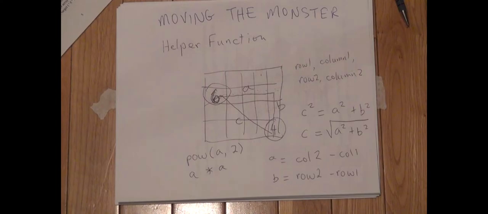In computer science, we can use a POW function, power of a raised to the power of 2. That would work. But a really simple way is just a times a. If you needed to know how big a squared is, it's always a times a, and that's really easy to write. It's even easier than calling a function. So you might do it that way.